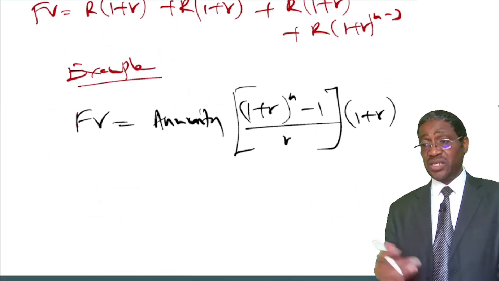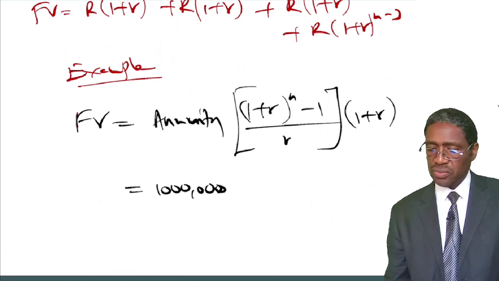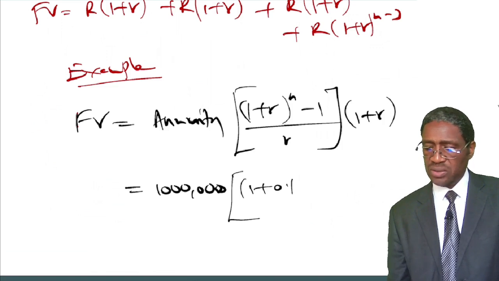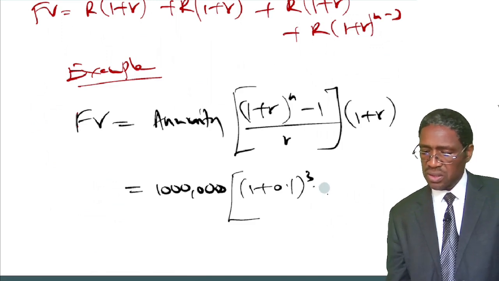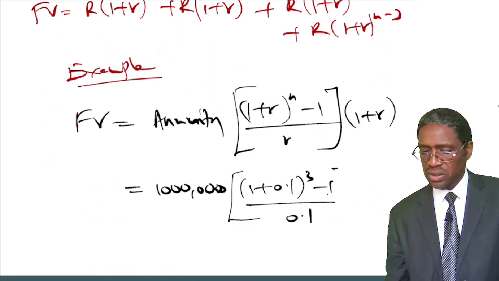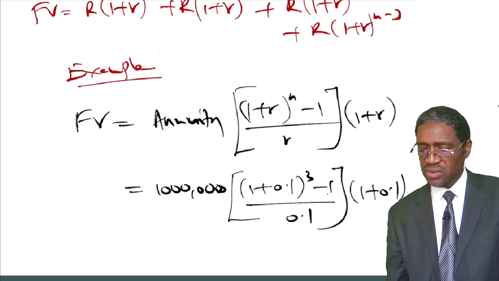So let's apply the same annuity of 1 million into 1 plus 0.1, the power of 3 years minus 1, everything divided by 0.1. Then whatever I get, I multiply by 1 plus 0.1.